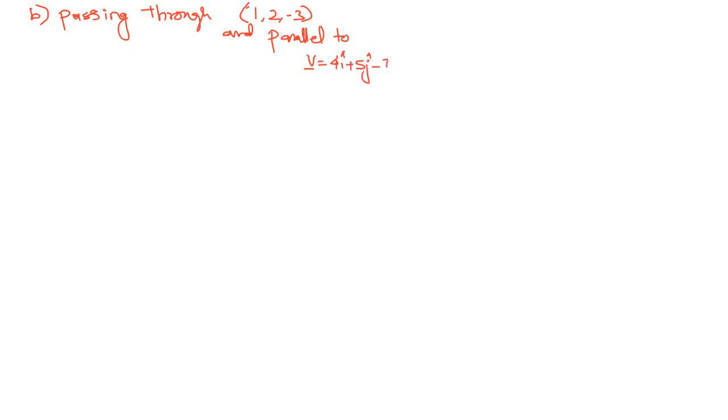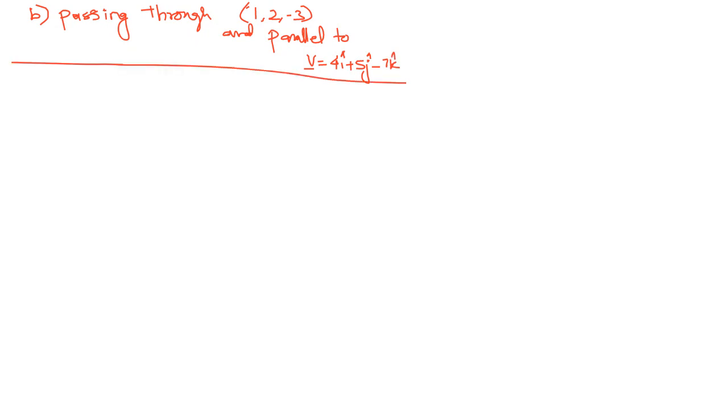Now, the three-dimensional case, part B: the line passes through the point, for example, (1, 2, -3), and is parallel to the vector v, which is equal to 4i plus 5j minus 7k.